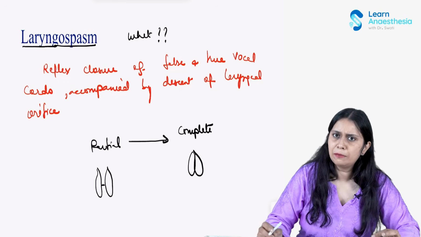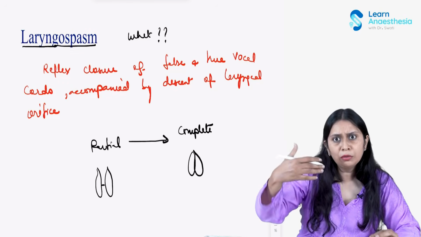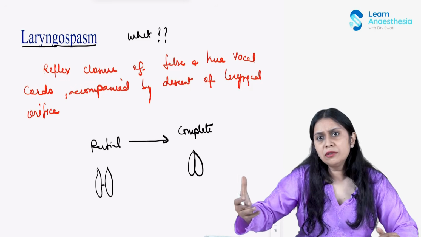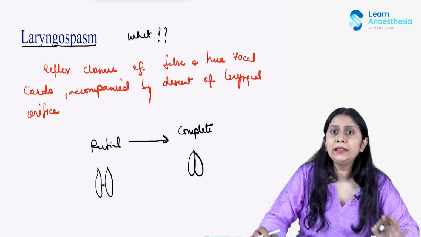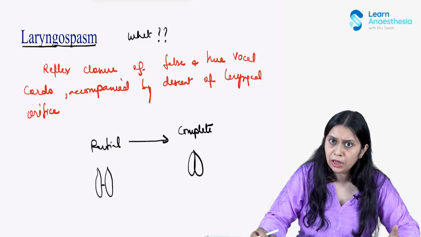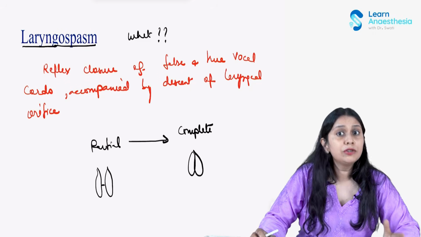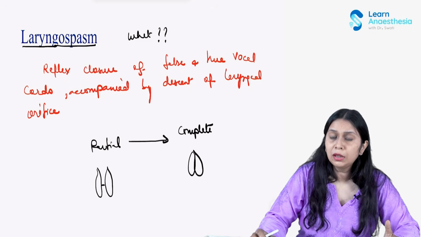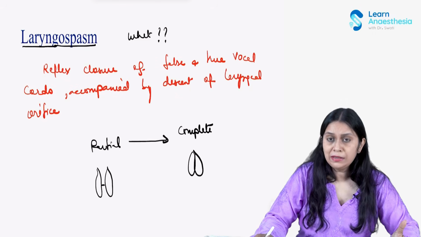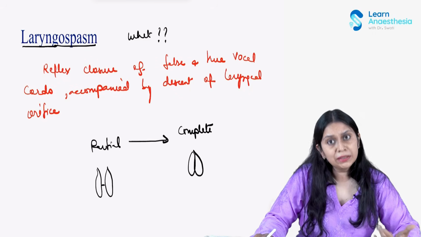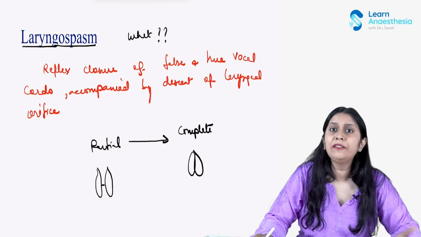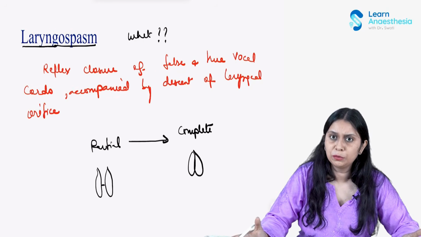Now, when can this happen during anesthesia? Is it only during induction or only during reversal? Well, it can happen during any stage of anesthesia. It can happen during induction. It can happen even during maintenance if you have not put an infraglottic airway device. It can happen with a supraglottic airway device in situ, and it can definitely happen during reversal also in a predisposed patient.